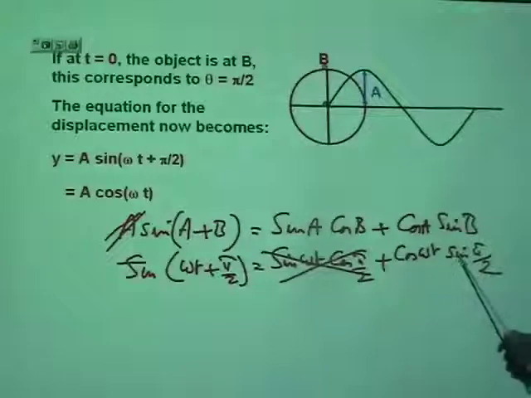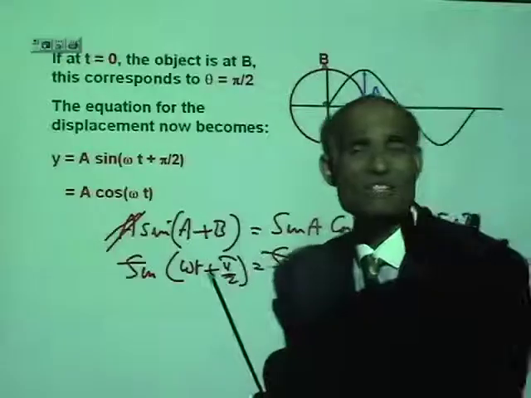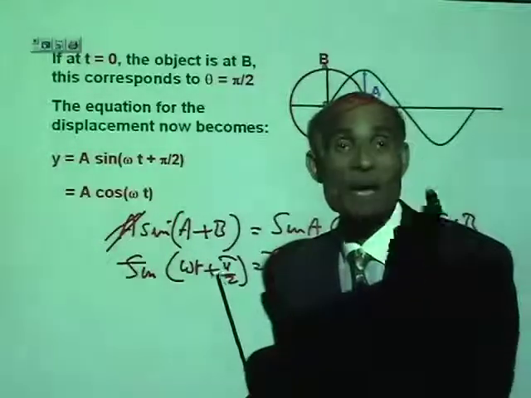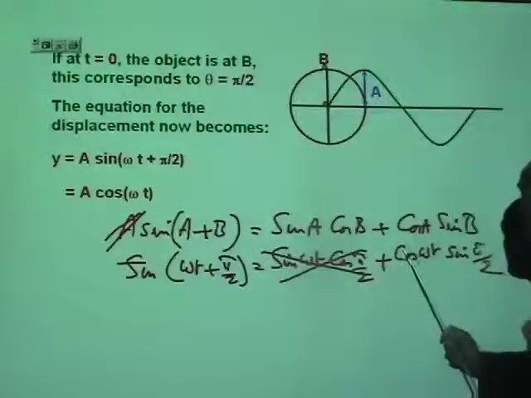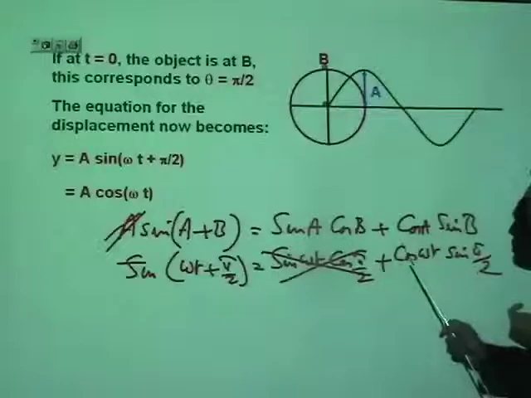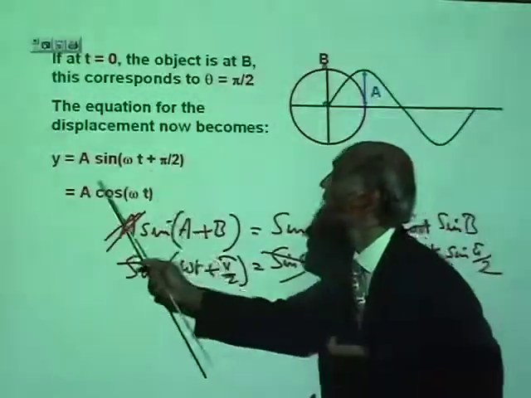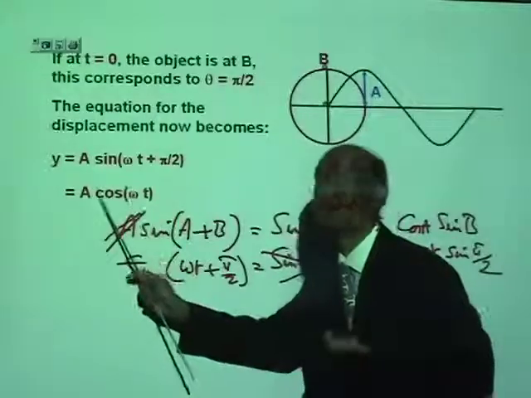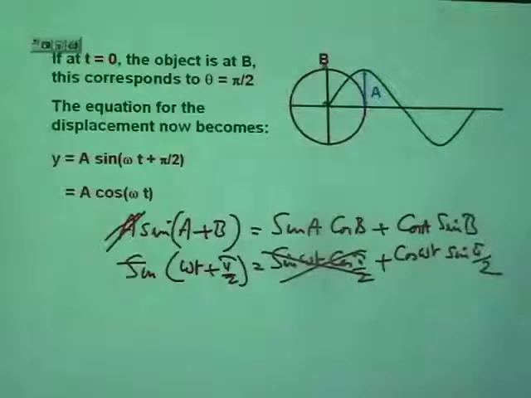And what is the value of sine pi by 2? Those are basic things in trigonometry. Sine pi by 2 is 1. So this quantity will reduce to cos omega t times 1. Look at this. Sine omega t plus pi by 2 is cos omega t. That's what this equation is. Well, at least some of you knew that.